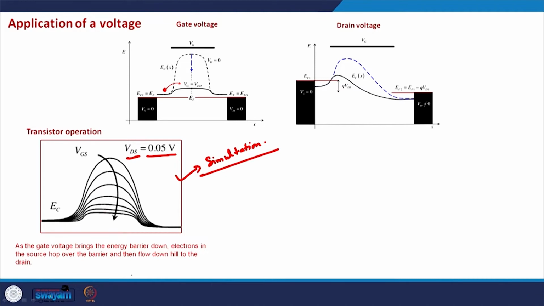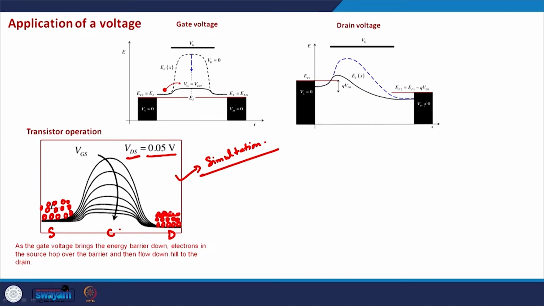Let's say this is the source side, this is the drain side, and this is the channel region, and the gate voltage is changing the barrier height. Since the source is n-type material, there are electrons sitting on the source side, and the drain is also n-type material, so electrons are also sitting on the drain side.